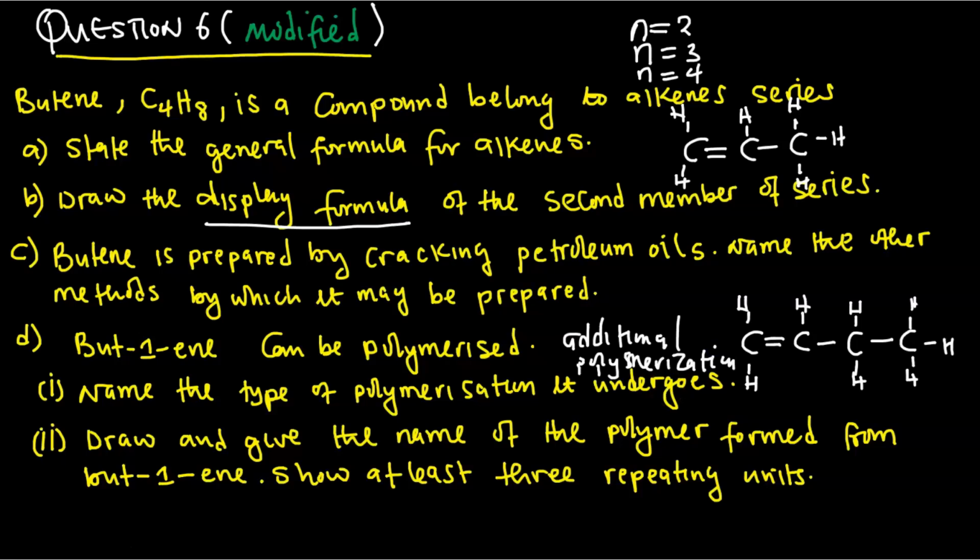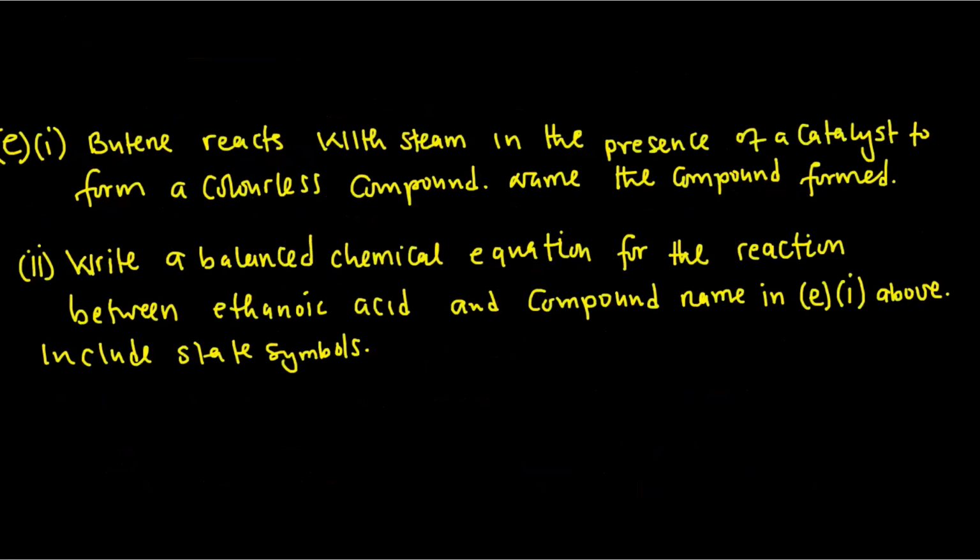Okay? So it's addition polymerization. Then draw and give the name of the polymer formed from but-1-ene. Show at least 3 repeating units. You see? In this one, they've told you to show at least 3 repeating units. So which means you are going to draw at least the 3 repeating units of butene. Okay. So now, how are we going to draw it?